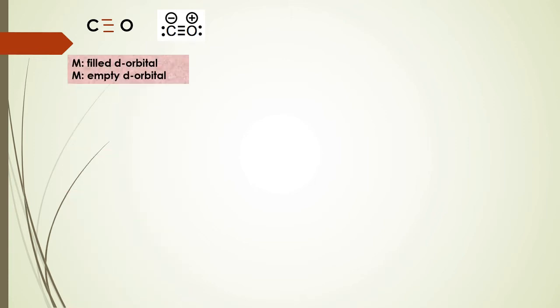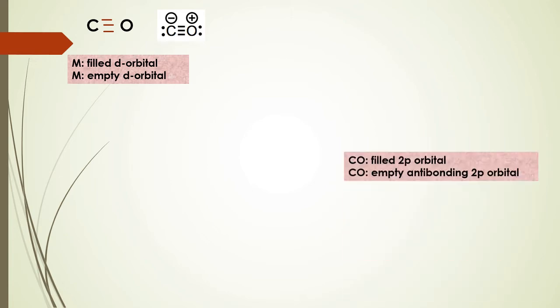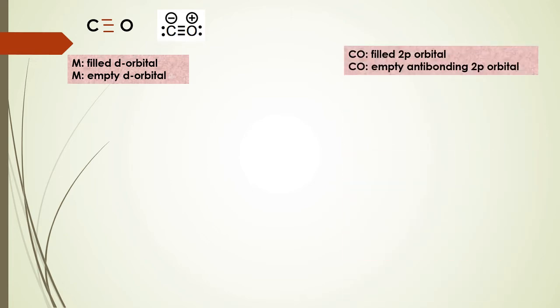The metal has d orbitals, both filled d orbitals and empty d orbitals. And from its molecular orbital electronic configuration, carbon monoxide has a filled 2p orbital and an empty antibonding 2p orbital.